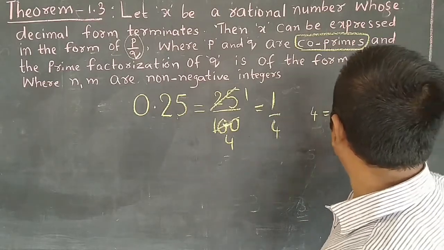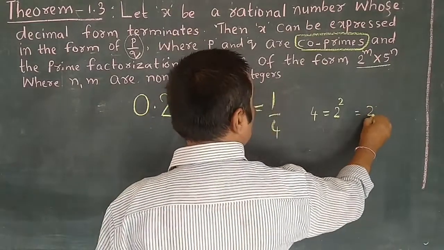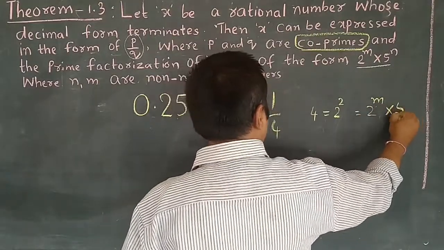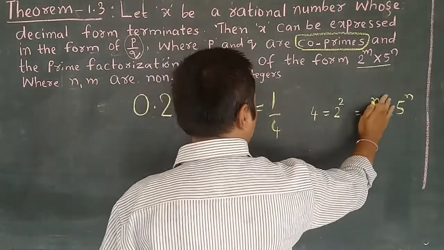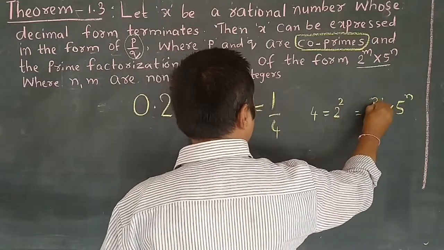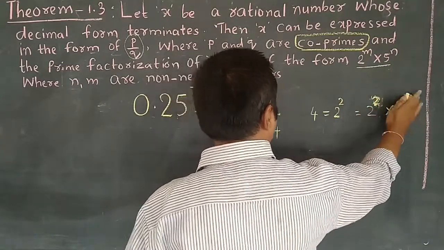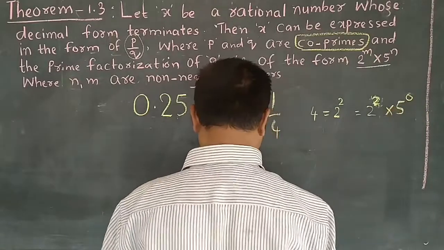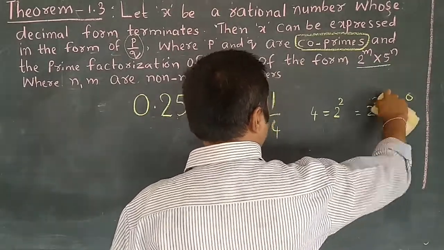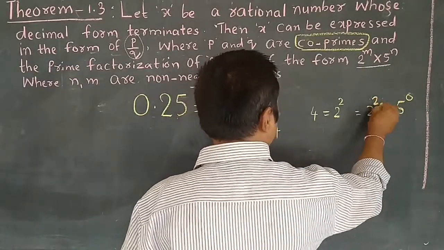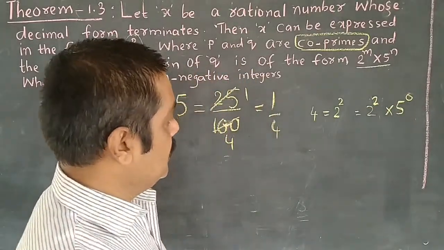It is in the form of 2 to the power of m into 5 to the power of n. But at the place of m here we got 2, and at the place of n we got 0.